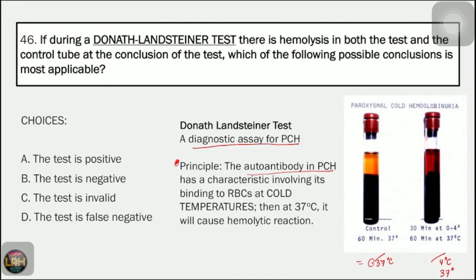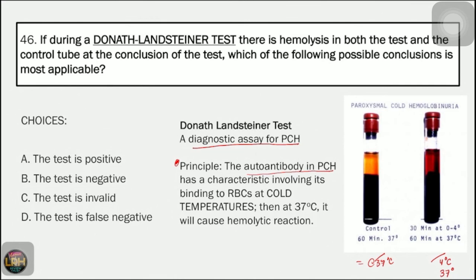If there is no hemolysis found in both tubes, it is said to be a negative test result. Once hemolysis is observed in both test tubes, the test should be considered as invalid.